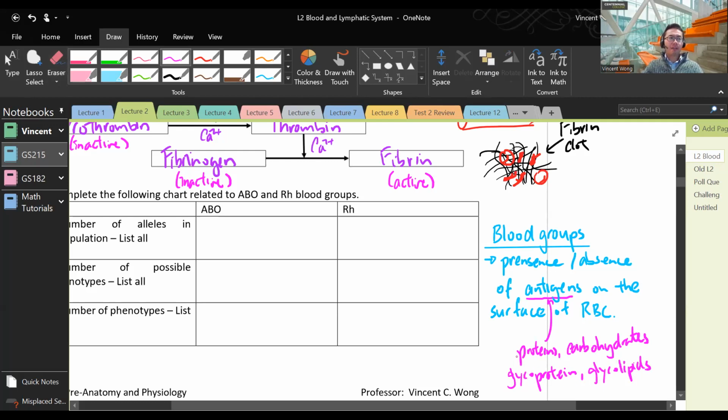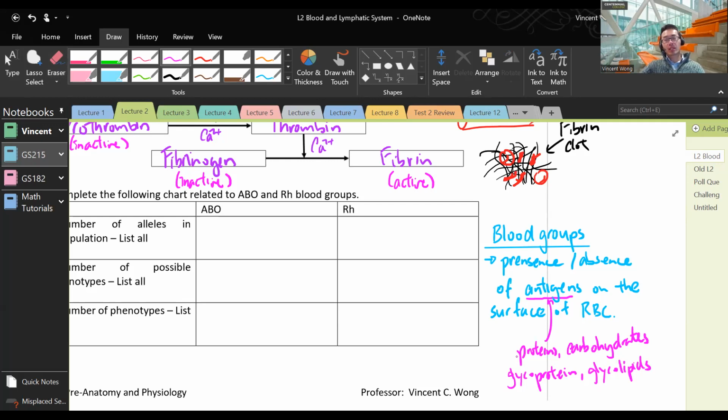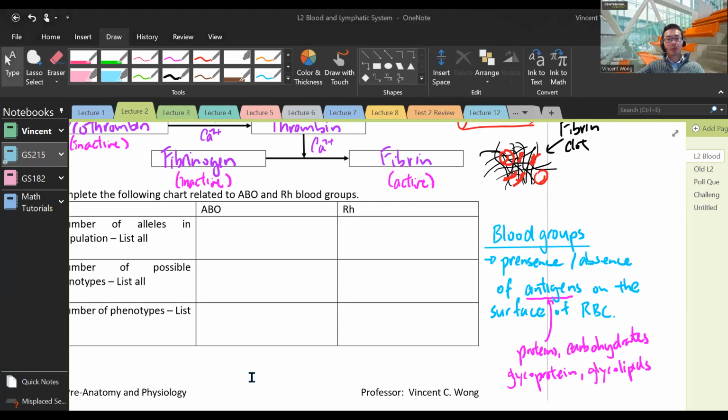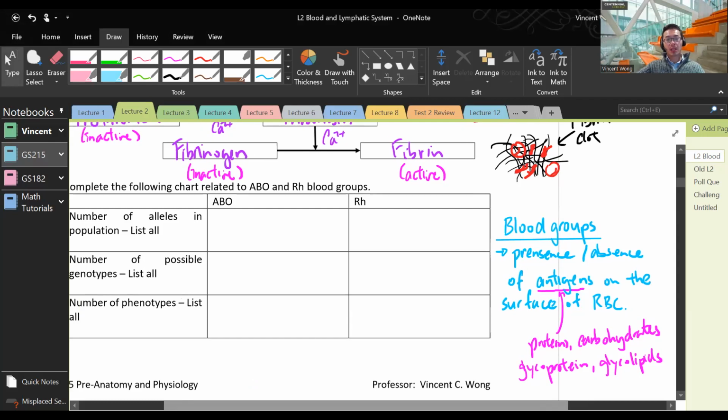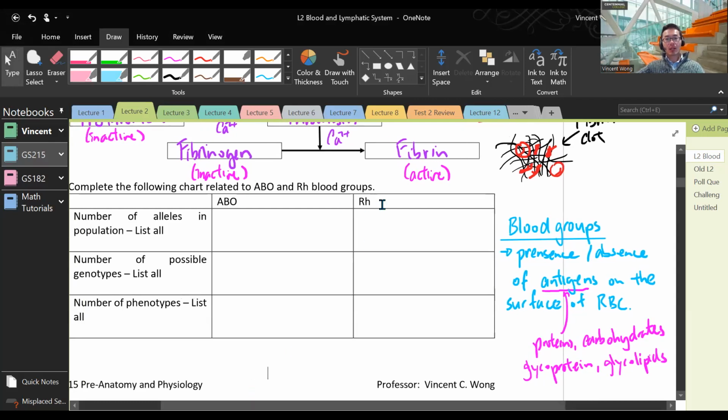So whether you have certain types of proteins or sugars on your red cells or not, that's going to determine your blood groups. There are many blood groups that exist in the human population, at least 30. We are only concerning ourselves with 2 of those blood groups, the ABO as well as the RH.